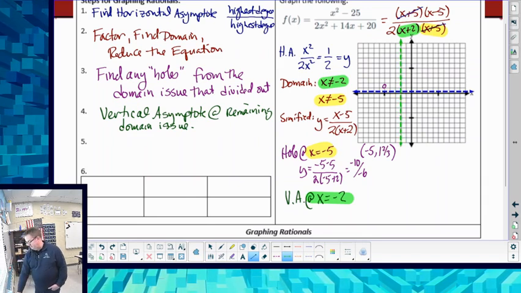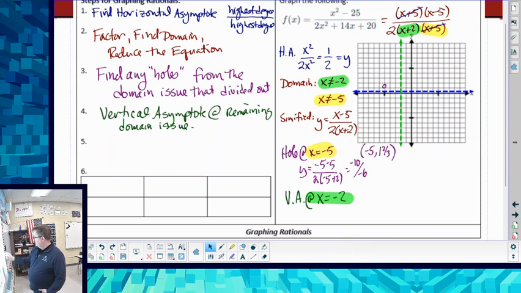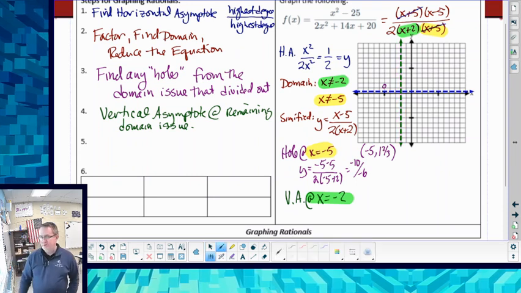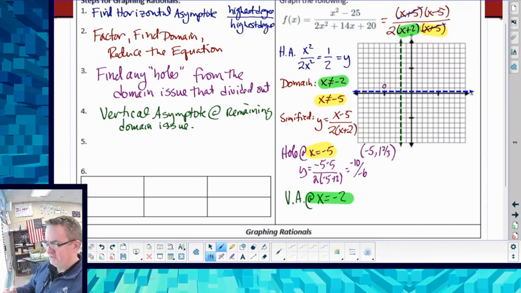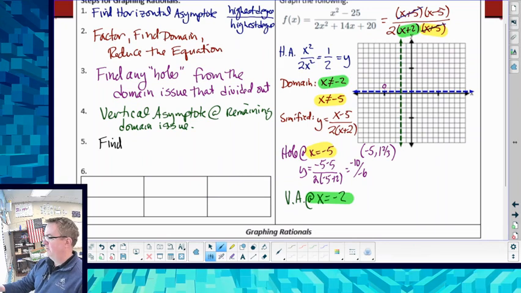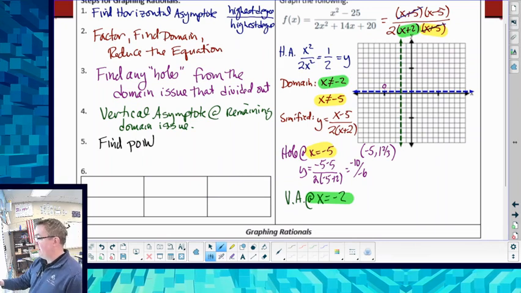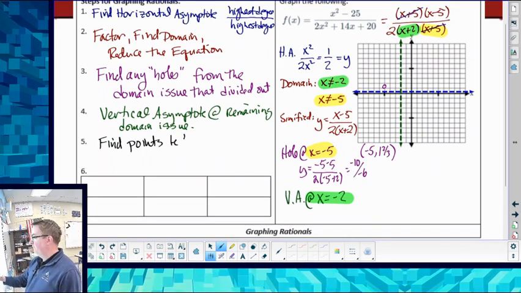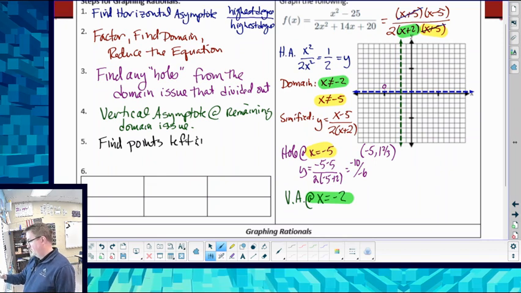That's a little Seattle Seahawk alternate jersey there. And then the last part, steps 5 and 6 are kind of together, is you're going to find points to the left and to the right of each vertical asymptote.